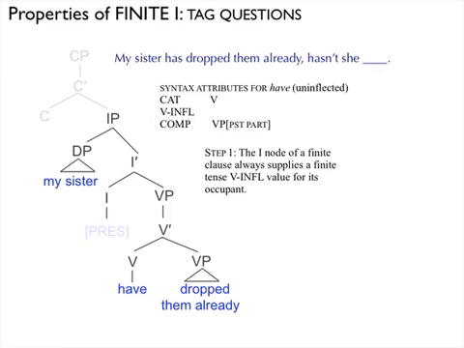In some versions of the theory, the I node is split up, the inflection, into tense and agreement as separate things. And there would be a T node, and if you're going to do it that way, T and Agr nodes, Agr for agreement, then those would be separated out with the T at the top.